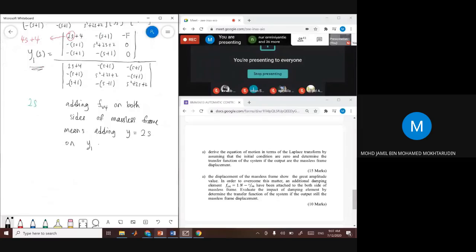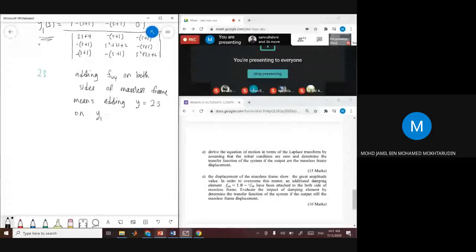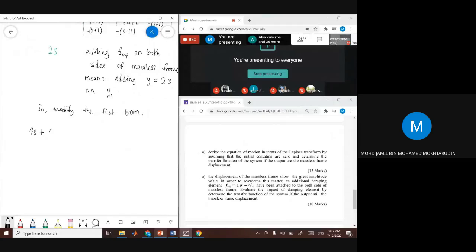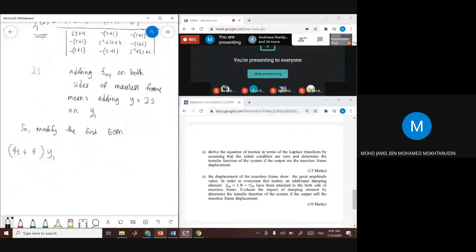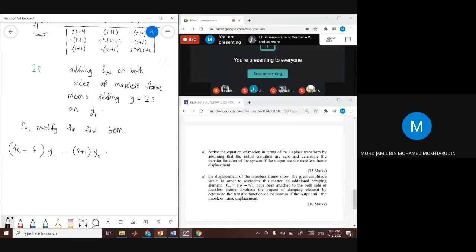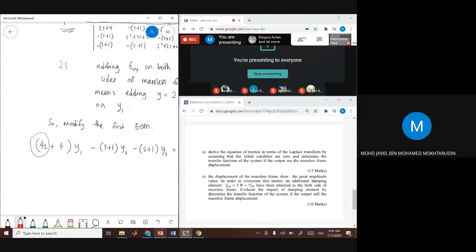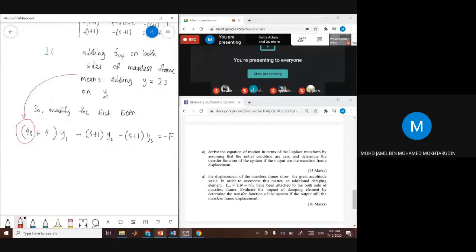So modify the first equation of motion. So you get 4s plus 2 plus 4. And then cari balik y1.